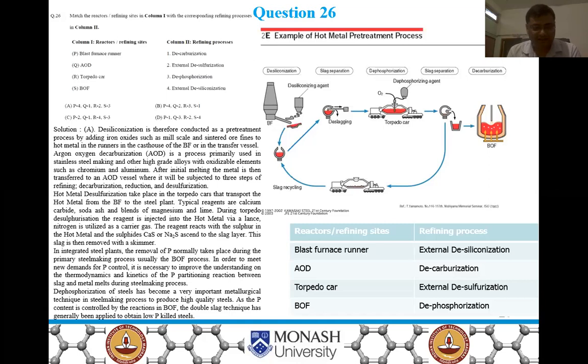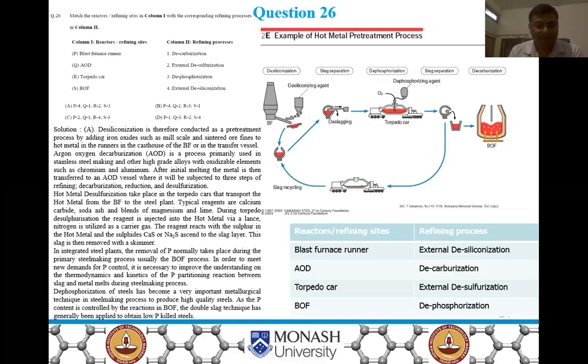In integrated steel plants, removal of phosphorus normally takes place during the primary steel making process, usually the BOF process. In order to meet new demands for phosphorus control, it is necessary to improve understanding of the thermodynamics and kinetics of the phosphorus partitioning reaction between slag and metal melts during steel making process.